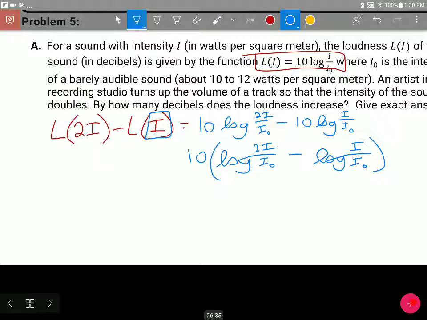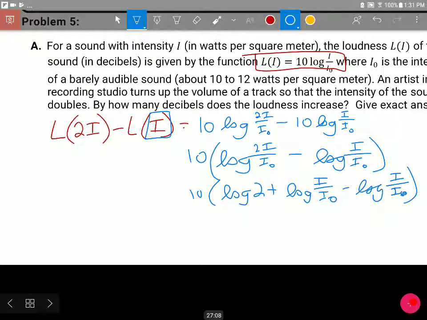So I've got 10 log of 2, and then I've got log of I over I sub o. I broke this one into two pieces, the 2 and what the 2 is multiplying. Cool. And then I just drag the rest down. Minus log of I over I sub o.